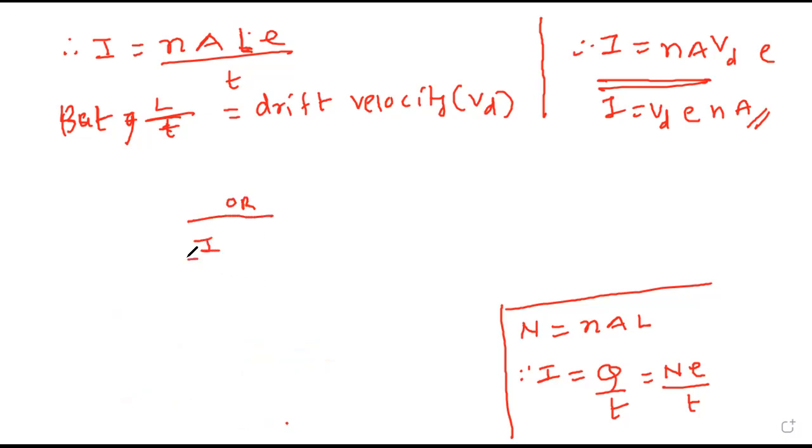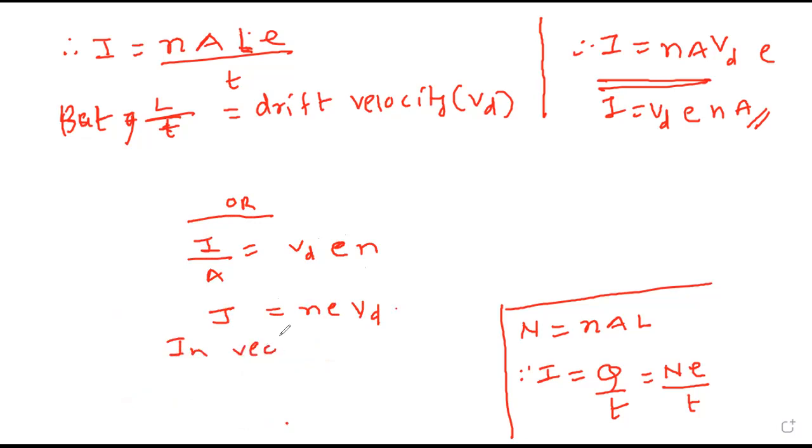So one more line I can say: I upon A is drift velocity into e into n. I upon A means current density, so J is n e into drift velocity.